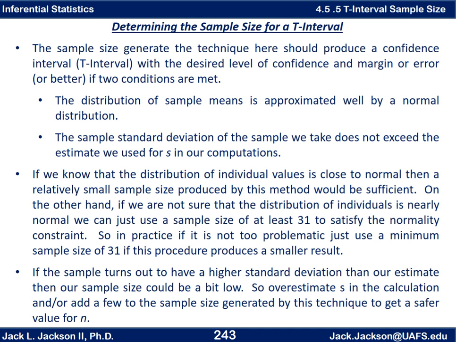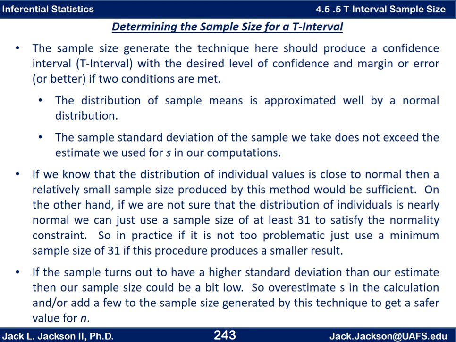The other problem, of course, is that you do have to estimate S somehow before you do this, which means maybe you have to actually take a sample. So what you might try, if you have no idea what S is, is to take a sample of size 31 or something a little bit bigger than that, and just see if it gave you the level of confidence and margin of error that you wanted.